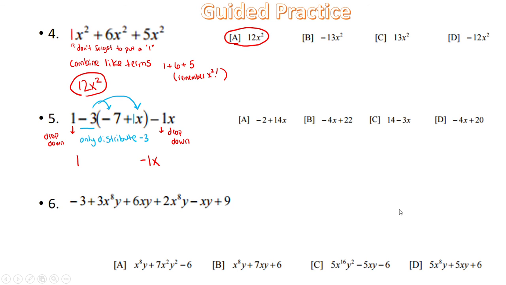Now, -3 times 7 becomes a positive 21. And then -3 times 1x, which is, we're just multiplying the 1 that's in front of x, is -3 and bring down the x. Very important to bring down this x. Because when you combine like terms, I have 2 x's. Now again, we have to be careful with our signs here.